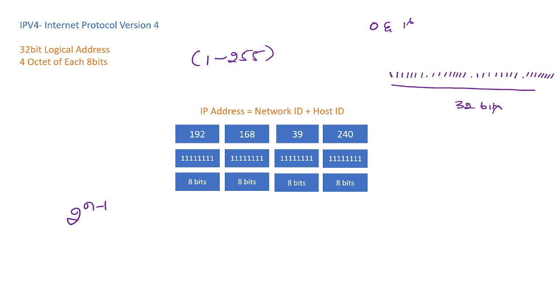Say, for example, I want to write this 192 in binary. 192 means there are 8 bits: 1, 2, 3, 4, 5, 6, 7, 8. I told you 2 to the power of n minus 1. Now you put 2 to the power of 1, 2 to the power of 2, 2 to the power of 3, 2 to the power of 4, 2 to the power of 5, 2 to the power of 6, 2 to the power of 7, and 2 to the power of 8.